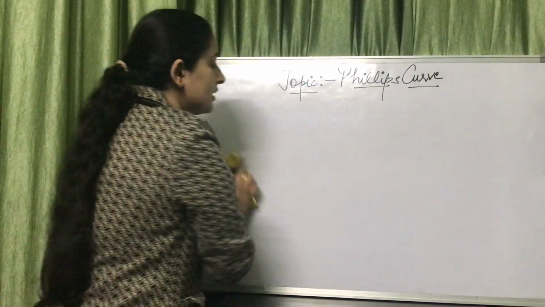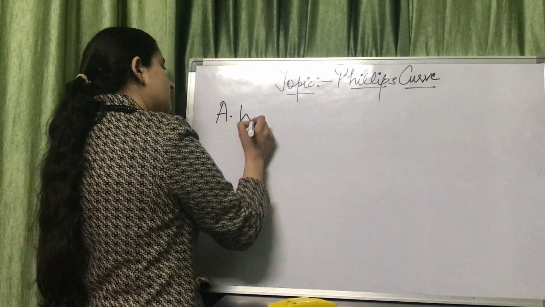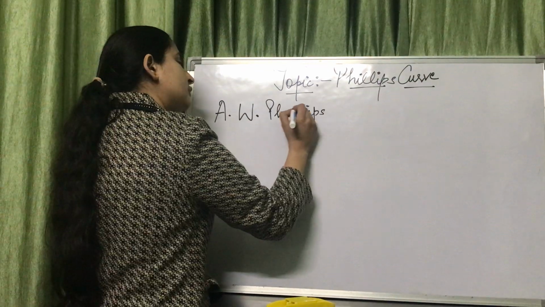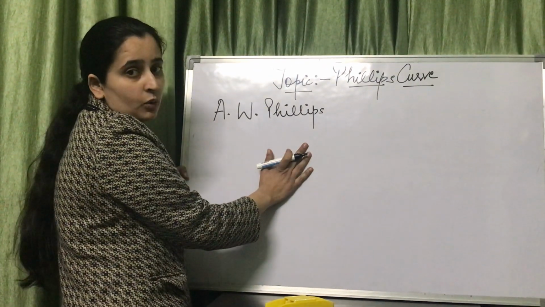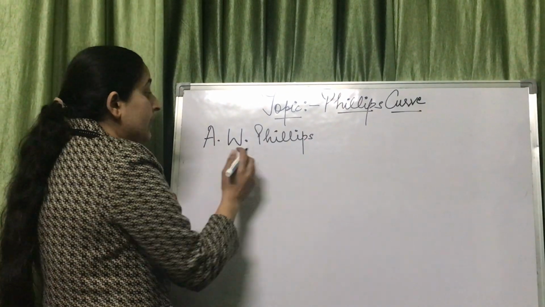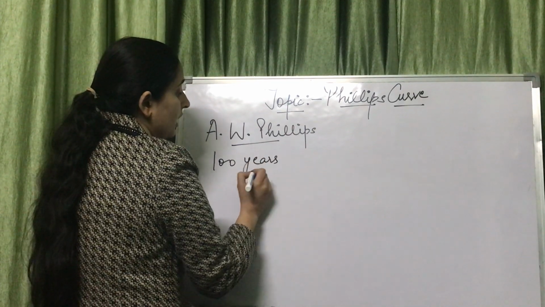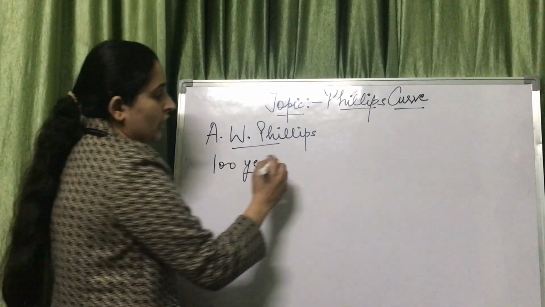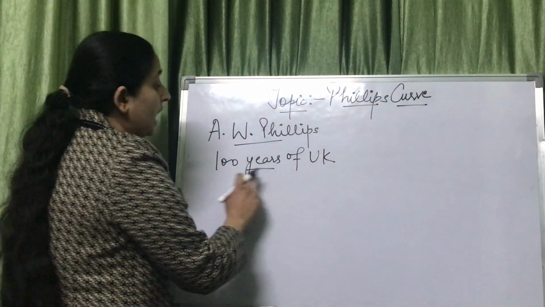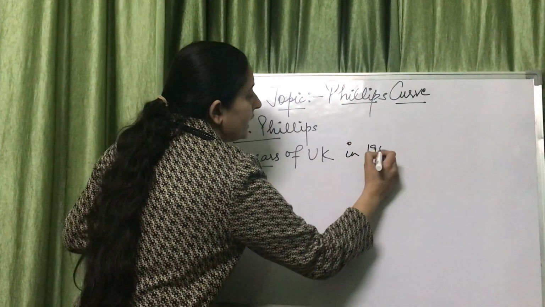On the basis of this, the economist A.W. Phillips made a further empirical study of the trade-off between these two components. He studied 100 years of data of the UK, and he made his study in 1958.